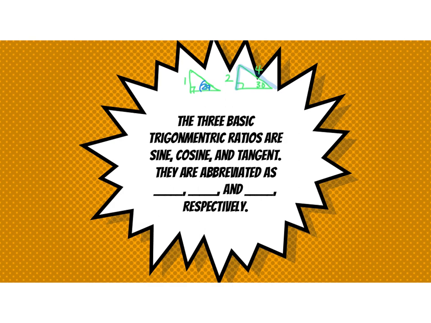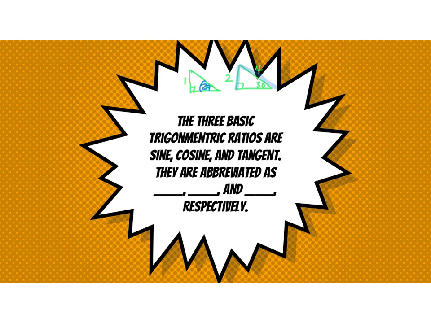Now, I'm not going to make you memorize every single one because that would be a lot, right? Actually, your calculator can do them for you. Back in the day, people had to actually look up each one. There are 3 basic trigonometric ratios that you need to know, and they are sine, cosine, and tangent.